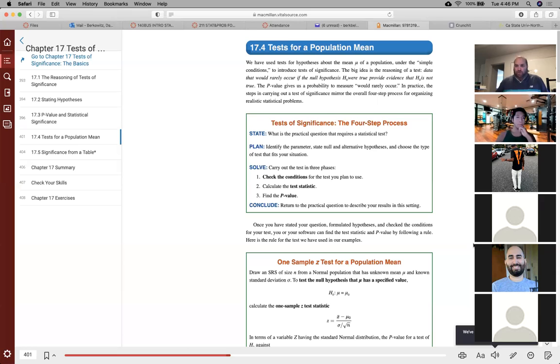So essentially, assume the null hypothesis is true. If it's true, how likely is it that I got what I got? If it's so unlikely that I have to question whether my null hypothesis is true, that's when I reject it.